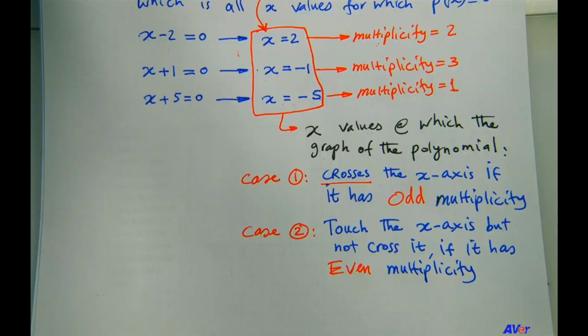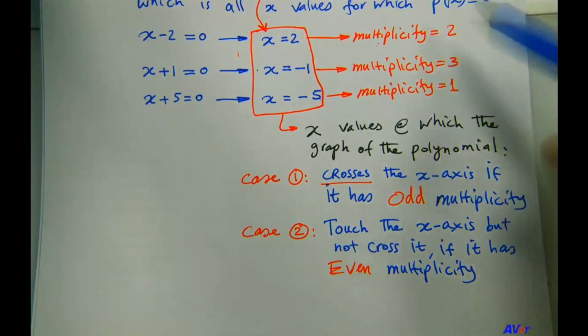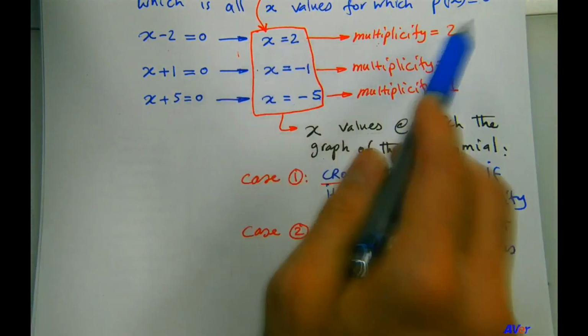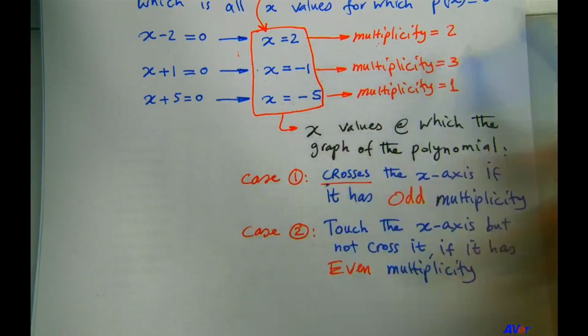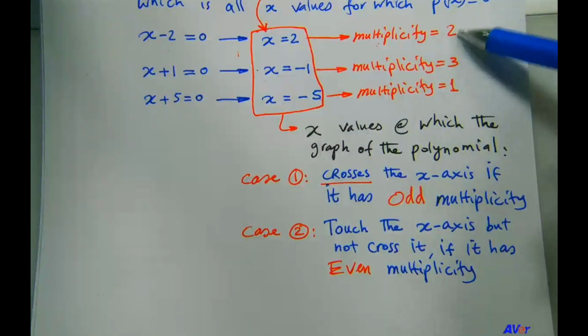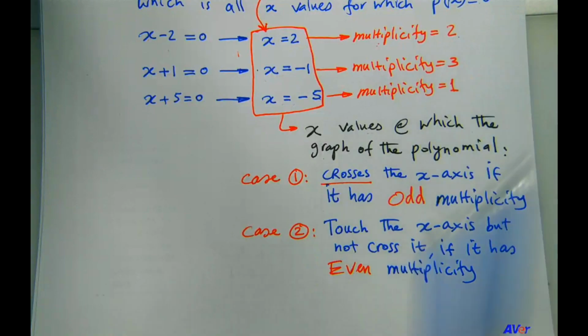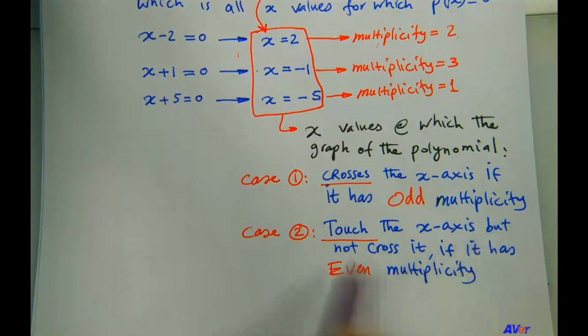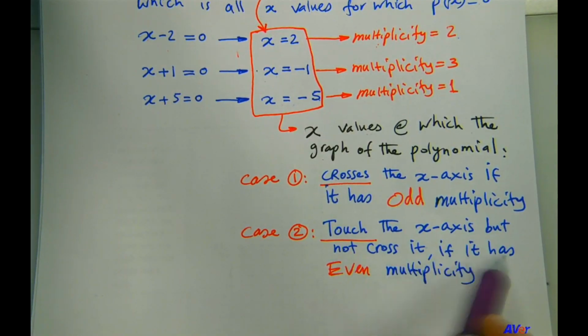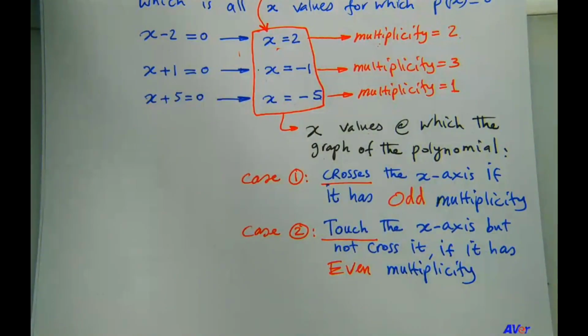Okay, so which is only this zero, x equals 2, has multiplicity 2, which is even, right? If the multiplicity is even, the graph of the polynomial will touch the x-axis, but it will not cross it, at that point, x equals 2.